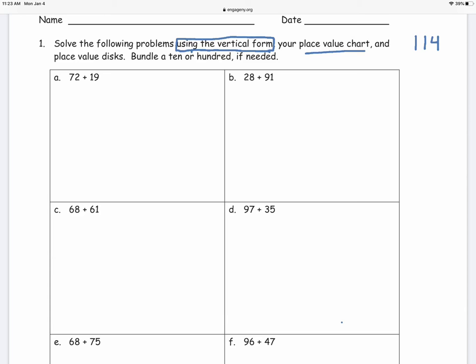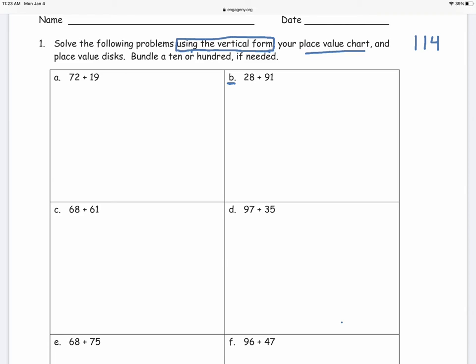That is an option for you. If you can solve these using the vertical form and you can do it correctly, then that's all you need to do. Now I am going to show you both of these because some of us might need that place value chart to help us, and that is totally fine if you do. All right, so we're going to do, as usual, a couple of these together. Let's start by doing B together.